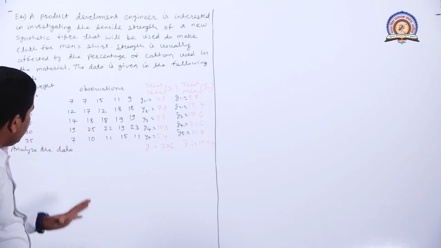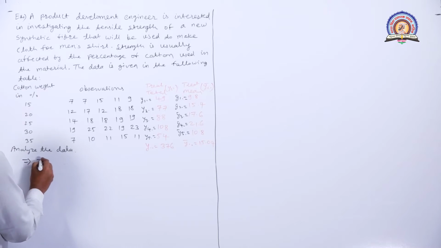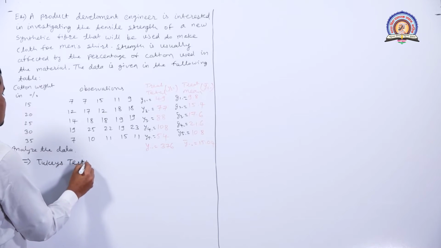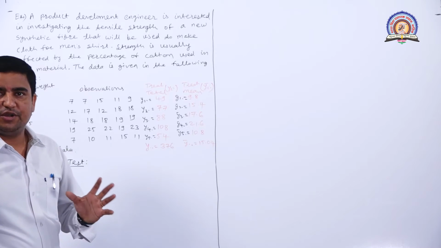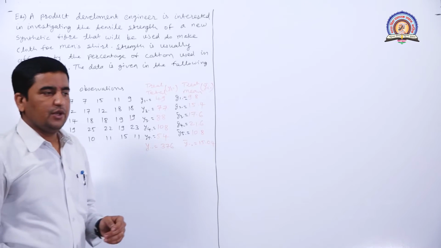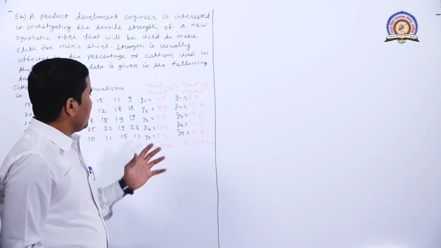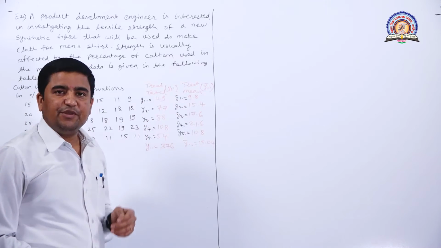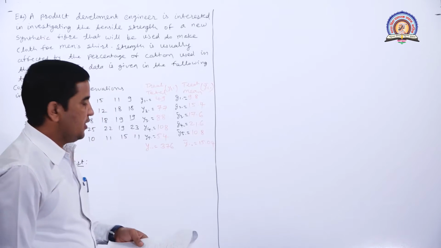To use Tukey's test in the last example, you know that in the last example H0 is rejected, meaning at least two treatment means differ significantly. So to check which treatment means differ significantly, for pairwise comparison we are going to use Tukey's test.